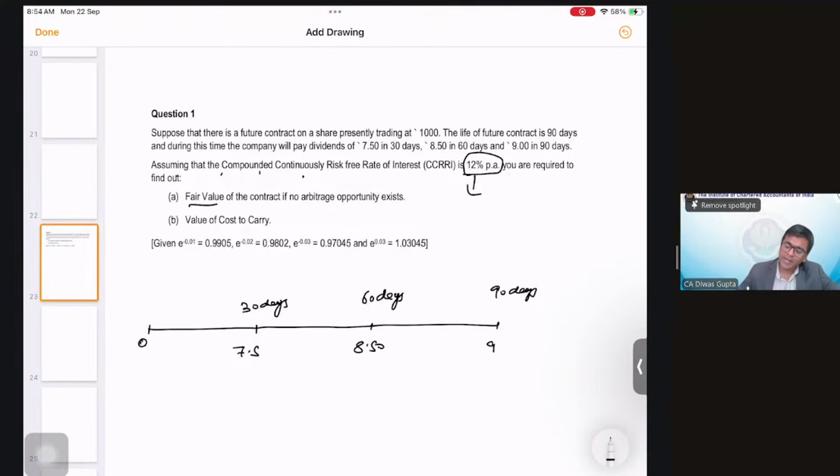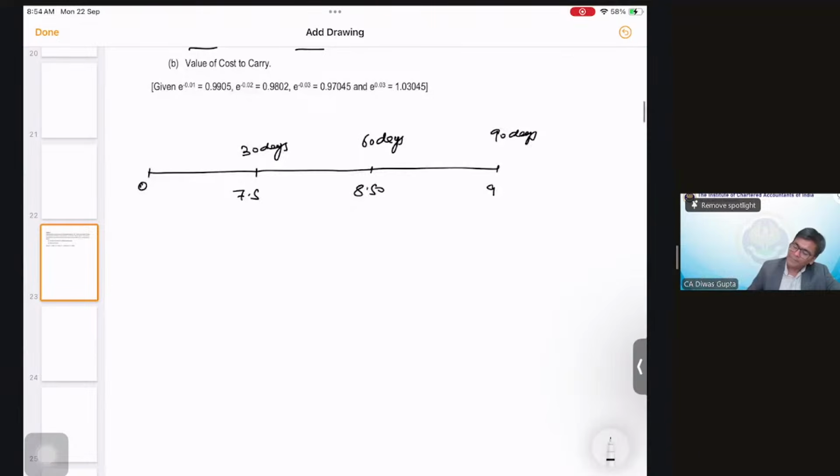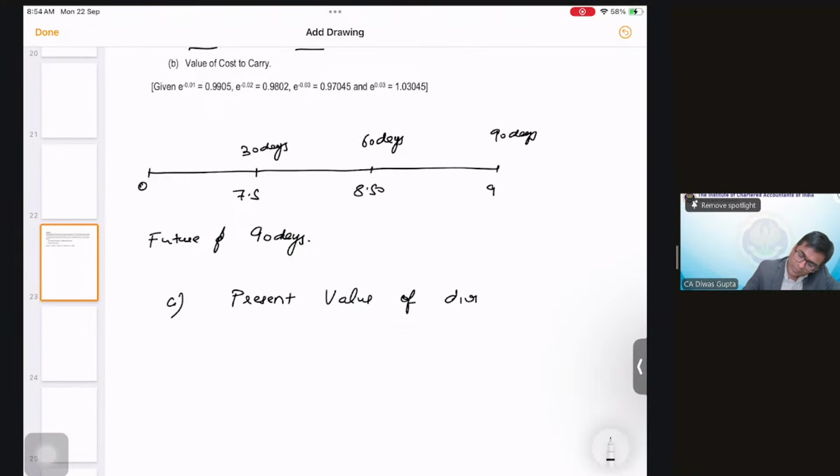So fair value of the contract means what? Fair value of the contract means the future value, right? That we can find out first of all. So we are talking about here a future of 90 days, A, present value of dividends.